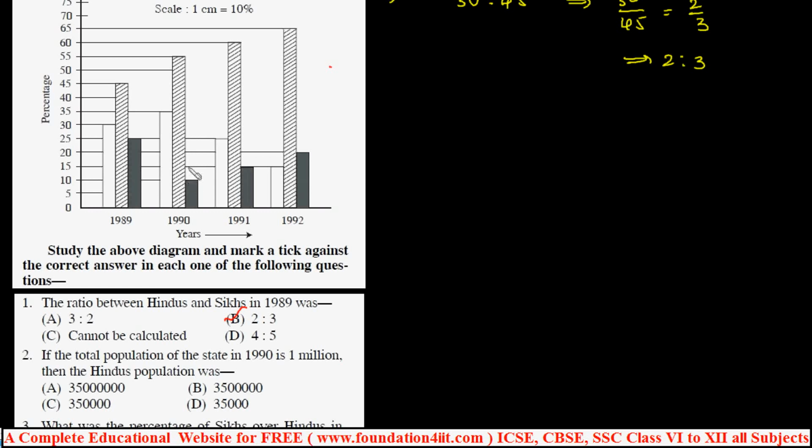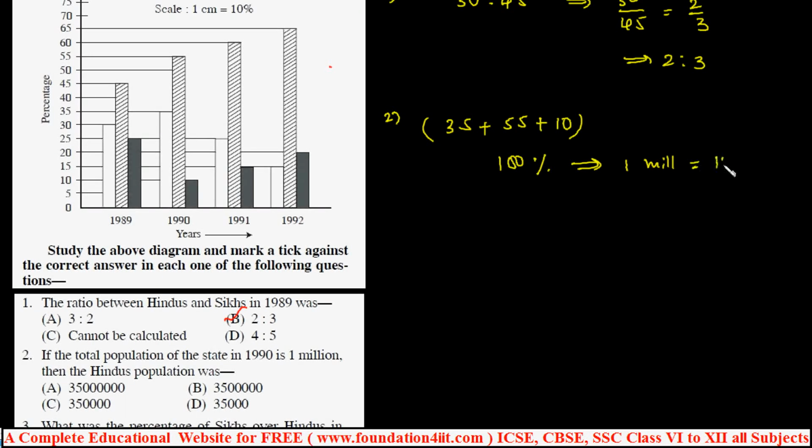For 100% total, as the whole is given, 35 plus 55 plus 10 altogether, Hindu, Sikh and Muslim. So in 1990, check it: this is 35, the top is 55 and this is 10. Total 100. That means out of 100%, the population is 1 million.